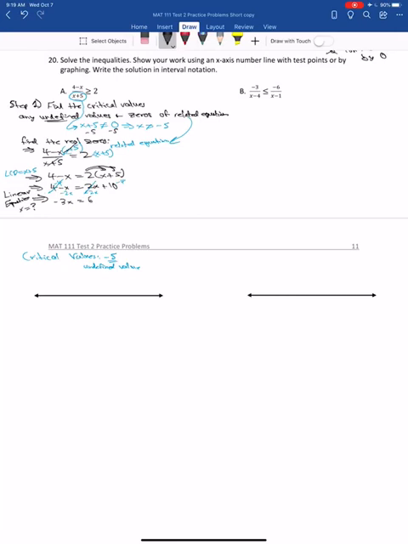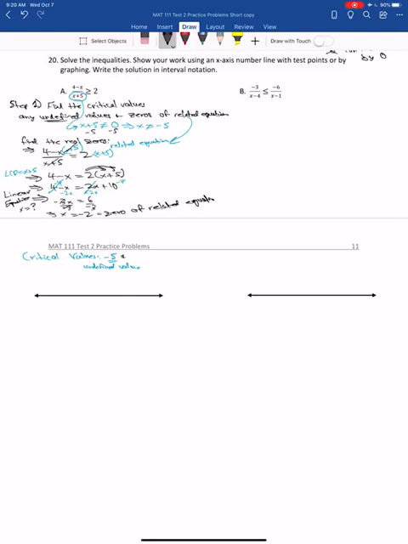And as we solve for x, we get -2. So x equal to -2. So here's the zero of the related equation. That's a critical value.